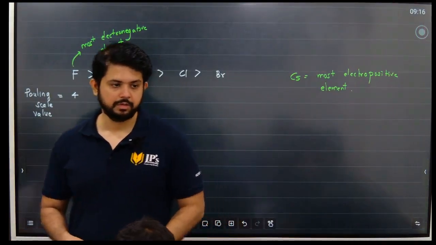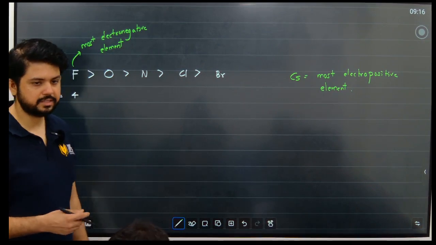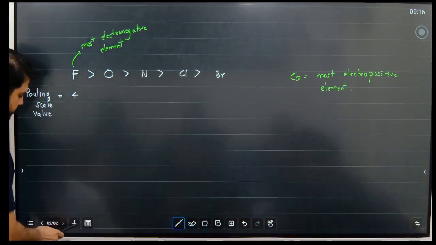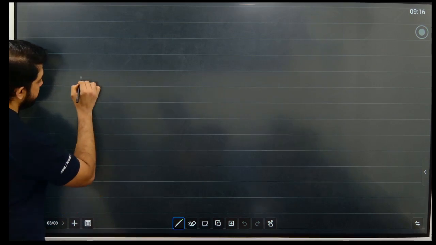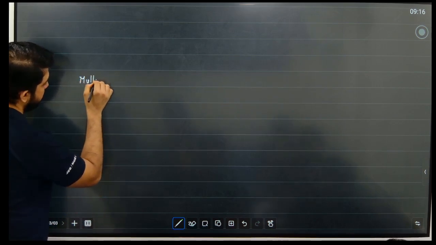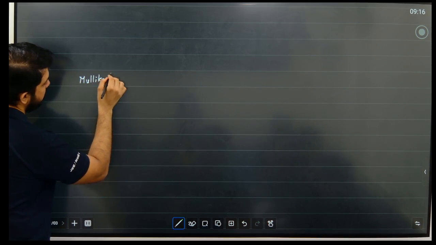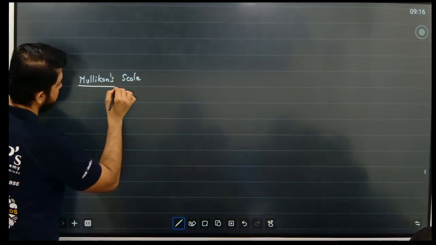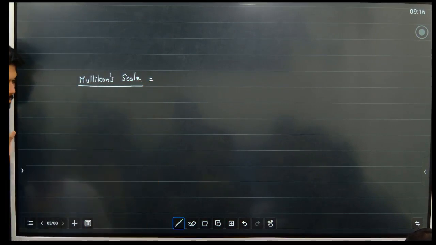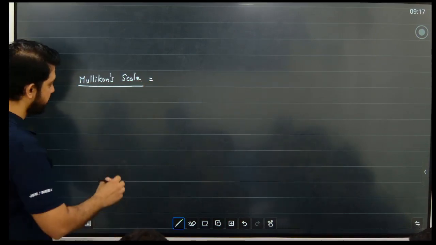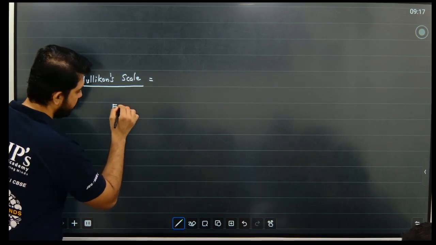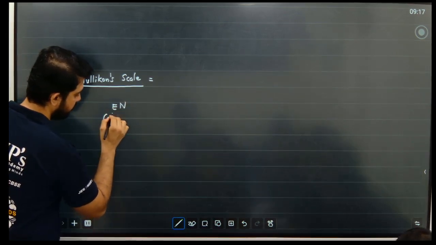Now, after Pauling scale, the next scale to measure electronegativity is given by Mulliken, and we call it the Mulliken scale. Now, according to Mulliken scale, electronegativity, I'll write that as En. Okay?